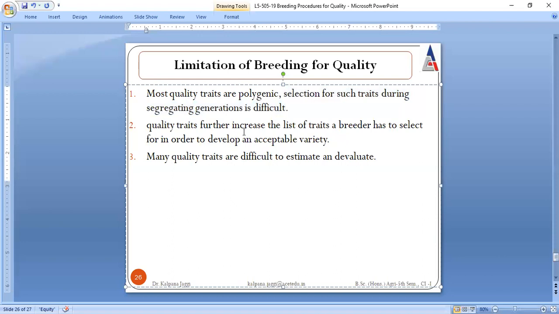Secondly, quality traits further increase the list of traits a breeder has to select. And the last, it is always difficult to estimate and evaluate. When we talk about quality, it is very difficult to estimate. Quality traits are difficult to estimate and evaluate.